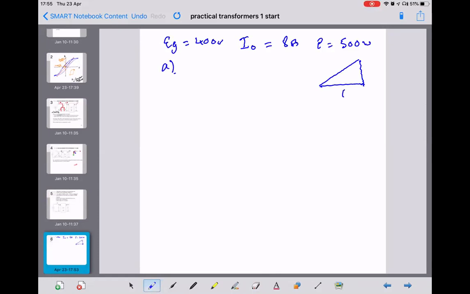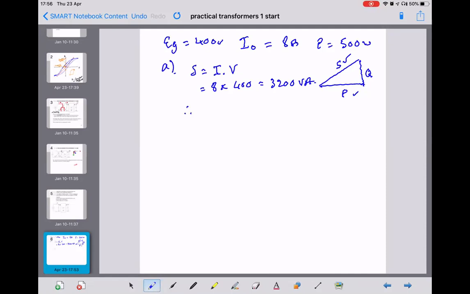Yeah, because we know P. We want to know Q. Can we find S? S is equal to I times V, 8 times 400 equals 3,200 VA. So now we know that and that. We can find Q, can't we?